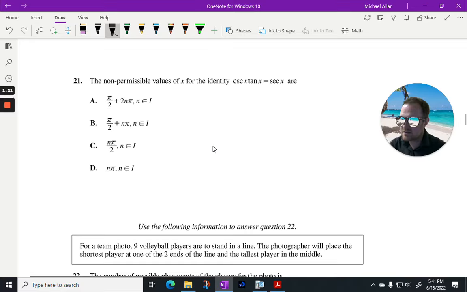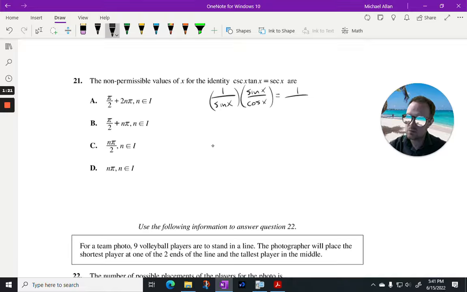Non-permissible values. To figure out non-permissible values, we have to look at denominators. I don't see any denominators here at this point, but remember, they're kind of hidden away. These reciprocals and these cotangents and tans all have their own denominators. Cosecant is 1 over sine. Tan is sine over cos.